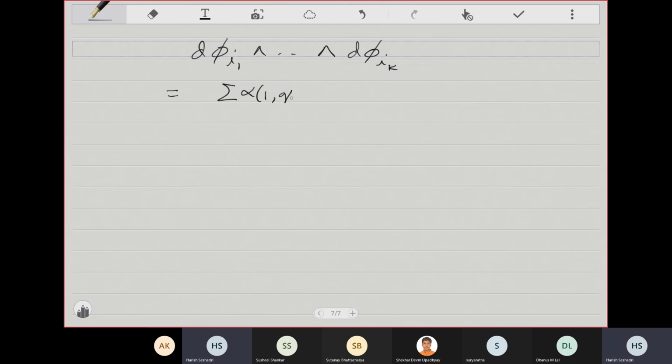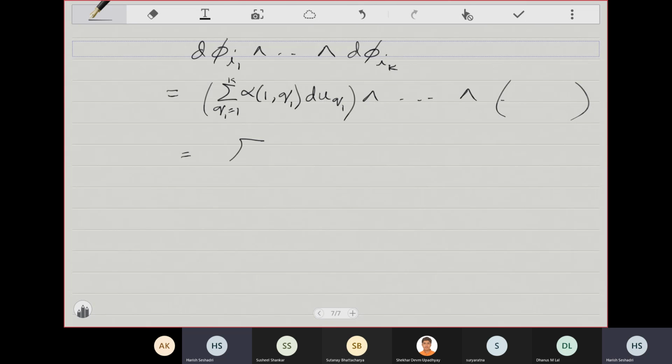Now I can't use q, so I'll have to use q1, q2, etc. d u q1, with q1 equal to 1 to k, wedge, etc. And then use distributivity of addition over wedge products.